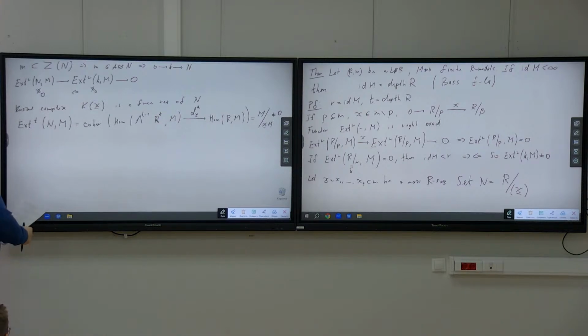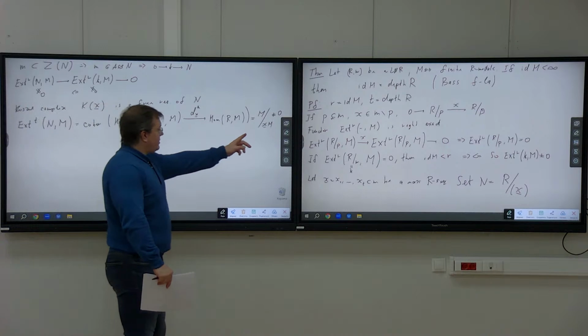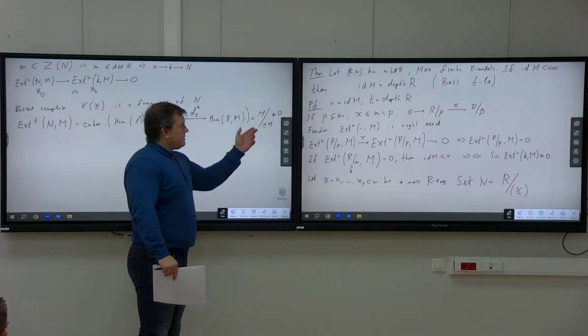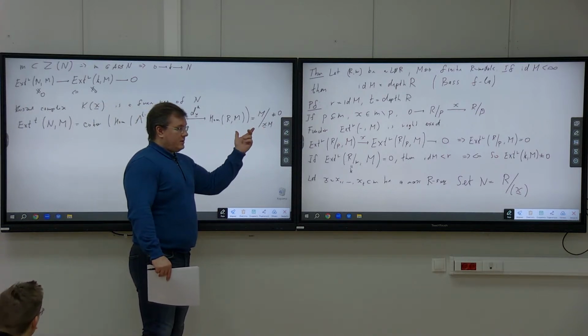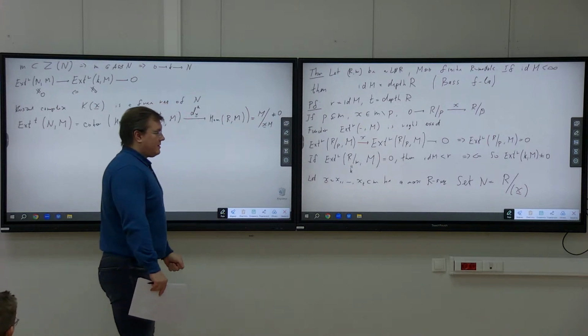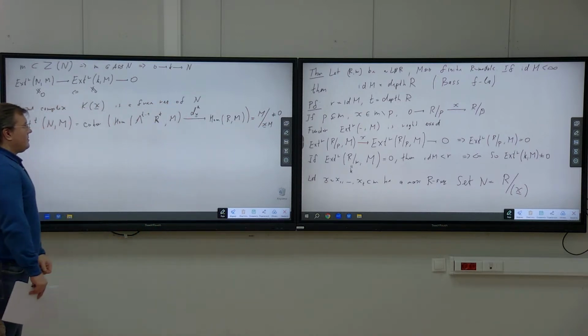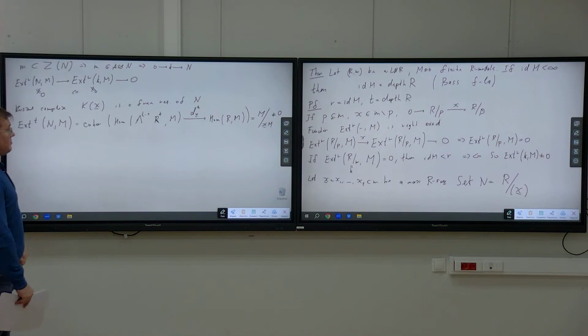Okay, so we use this Koszul complex to compute this Ext with the index t, and we see that the answer is always non-zero, right? That is because the ideal generated by the sequence x sits inside the radical, M is finitely generated, so by Nakayama's lemma this can't be 0. I assume that M is not 0.